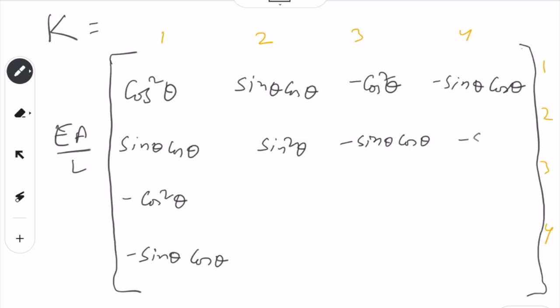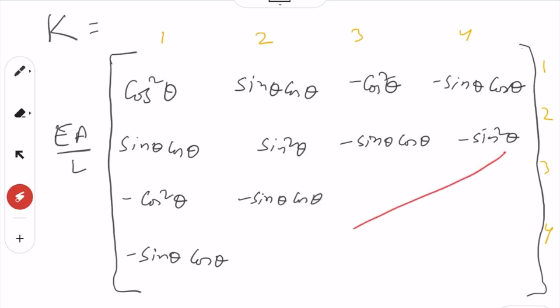So minus sine square theta here too. Okay, so far we got it.